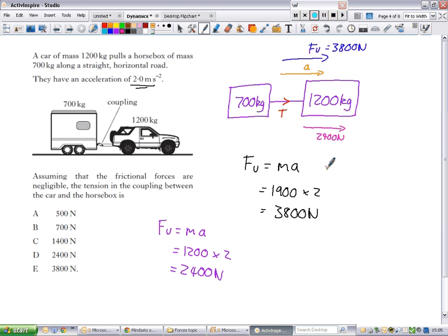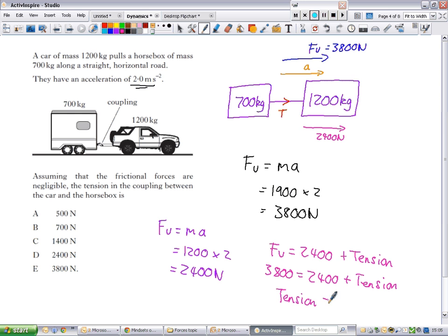Your unbalanced force will be 2,400 plus whatever your value of tension is. This unbalanced force is 3,800. So your tension will basically be 3,800 minus 2,400, which gives you 1,400 newtons.